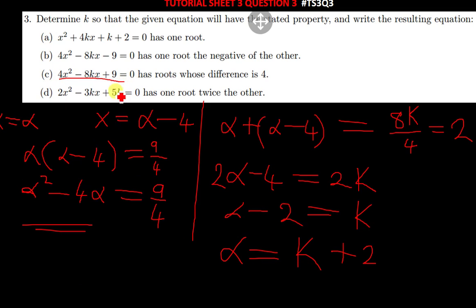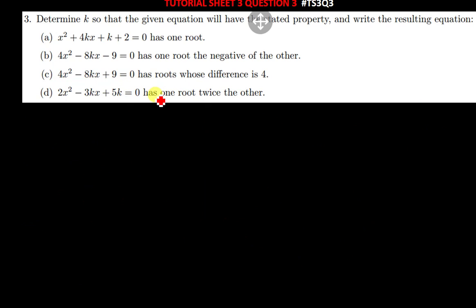Okay, so same applies to this other last question, which is one root which is twice the other. So meaning our first root that we have is alpha, and our second root is 2 alpha.